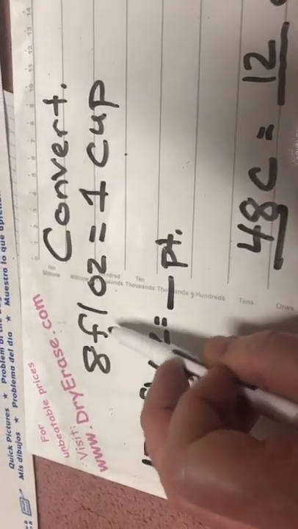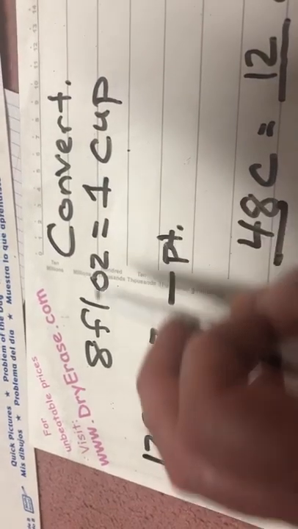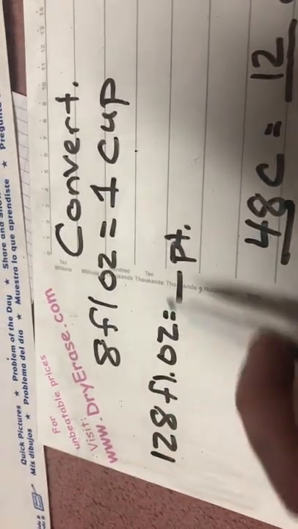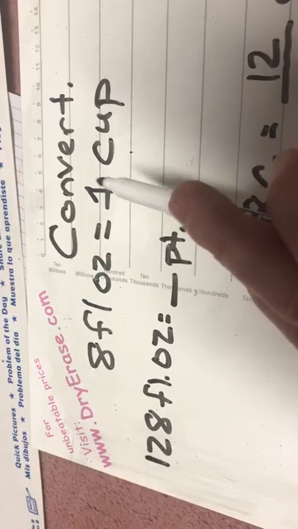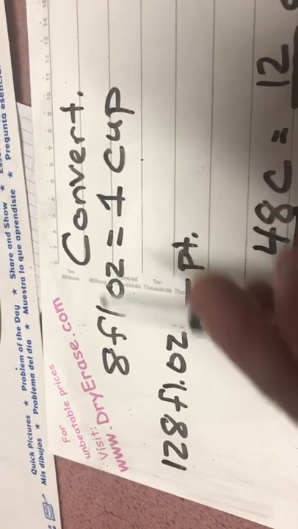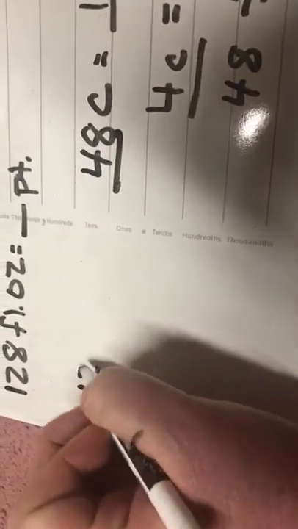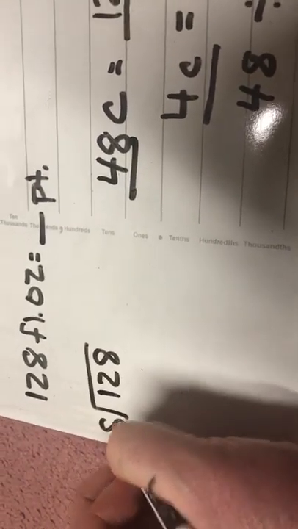So if I only have 1 fluid ounce, I don't have as much as 1 cup. So my measurement going from fluid ounces to cups is getting bigger, which means the number is getting smaller, which means I'm going to divide. And since there's 8 fluid ounces, I'm going to have to take 128 and divide it by 8.